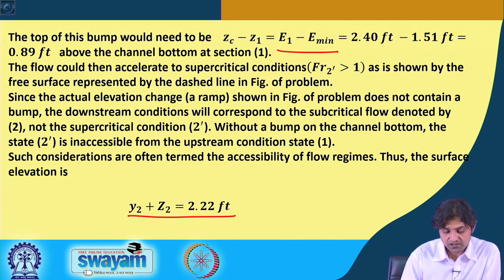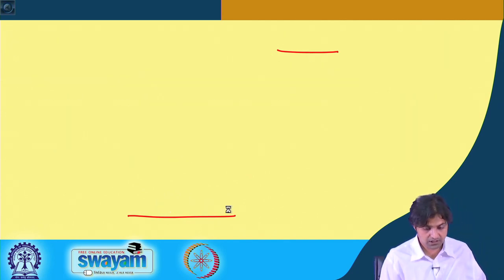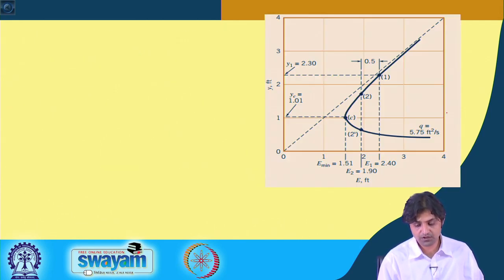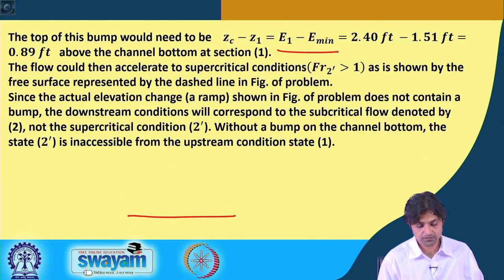So, because of this discussion, y2 plus z2 is not going to be 1.68 feet, that was there. You see here, if you had followed this description, y2 plus z2 is coming out to be 2.22 feet and not 1.14 feet.